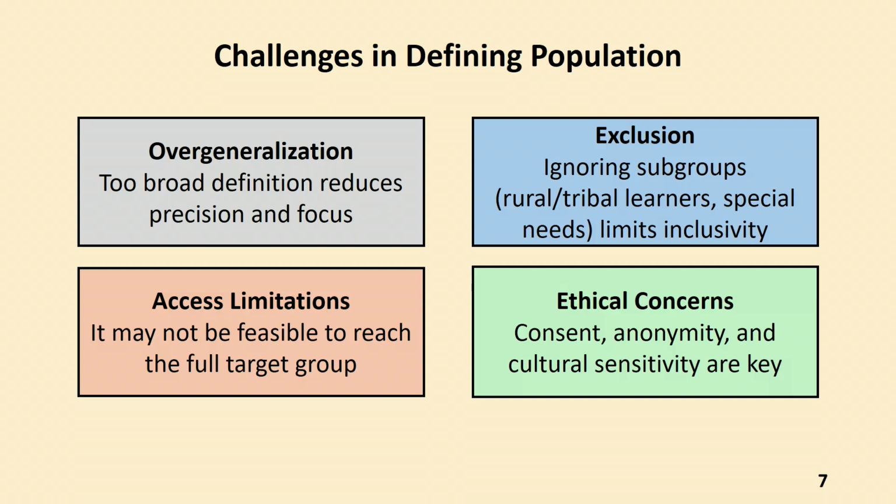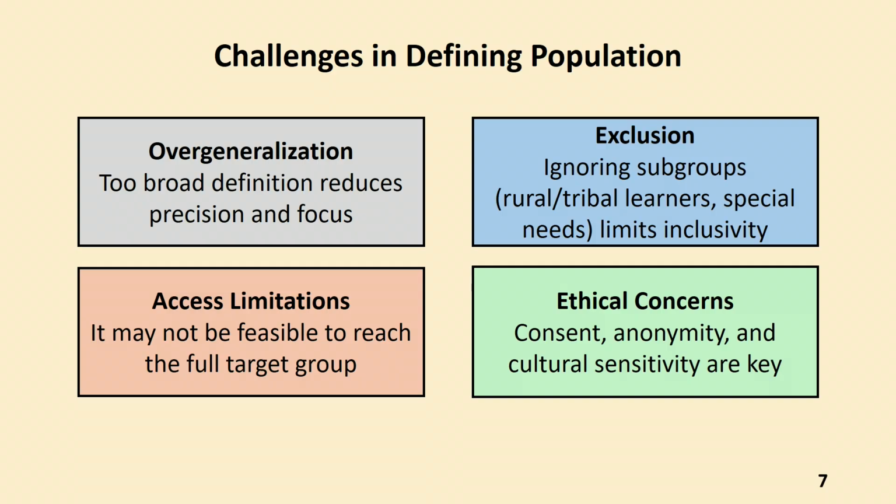Next is exclusion. Ignoring subgroups, such as rural tribal learners and learners with special needs, limits inclusivity. Here, the role of researchers and the review of literature comes into play. Whenever you select a sample or define your population, it is very important that you do not ignore any serious subgroups contained within the population.